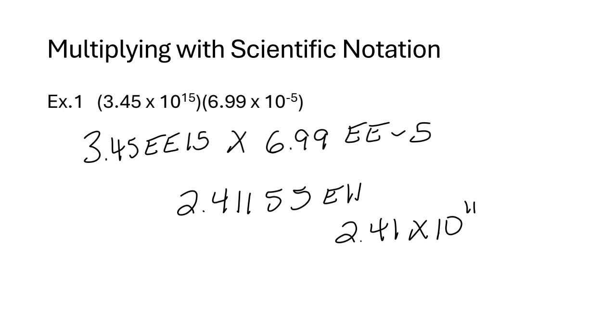So on the calculator, when it gives you an answer, E means times 10. And then that 11 is the exponent. So that's what you got to be careful of when you look at the calculator. So you can't give me an answer 2.41 E11. I'll be like, no, that's not what it is. It's actually 2.41 times 10 to the 11. Okay, let's try another one.